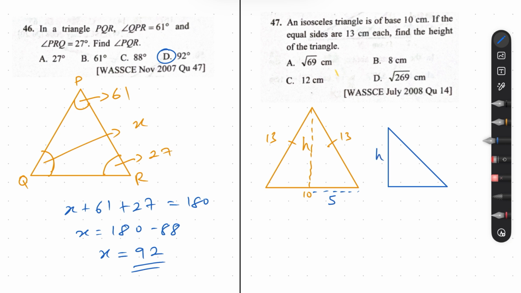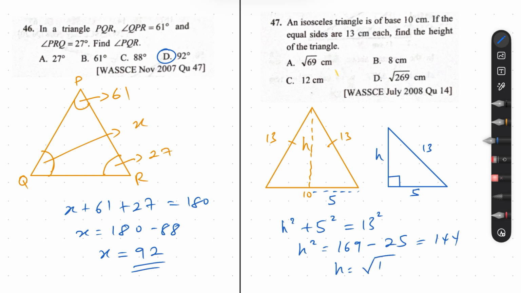This is h, this is 13, and this is 5. So h squared plus 5 squared should give us 13 squared. So we have h squared equal to 169 minus 25, which gives us 144. So h is the square root of 144, which gives us 12. So that is our answer, which is C.